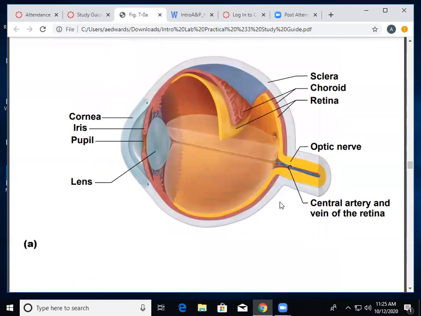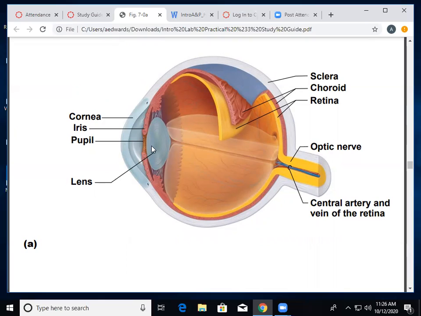All right. So if we were to take essentially a sagittal section down the eye, we'll see a few more structures. Surrounding the iris and the pupil is the cornea. Here's your pupil and your iris.